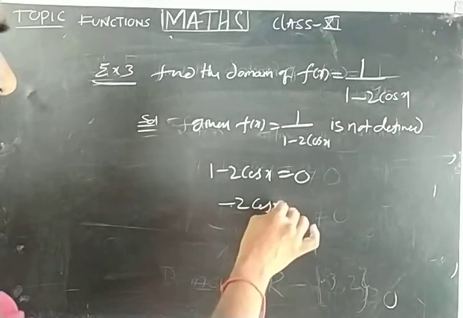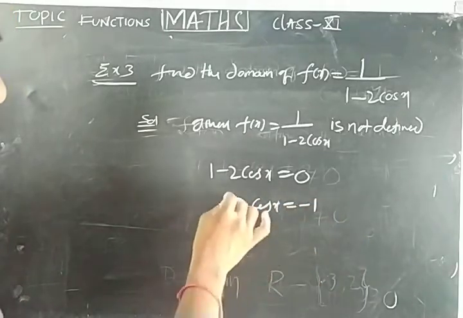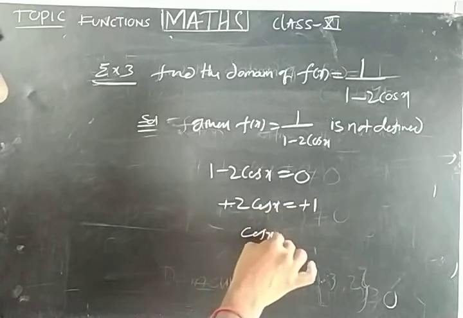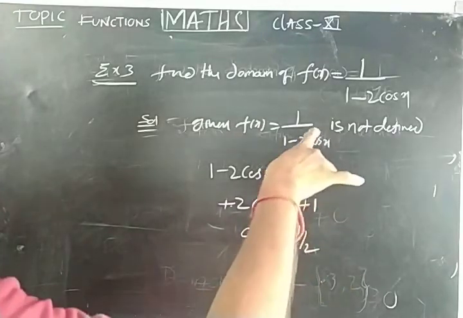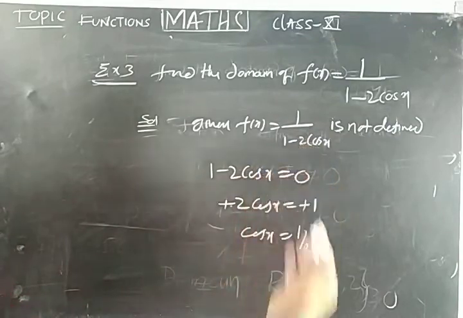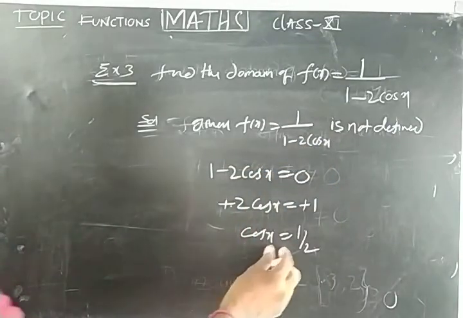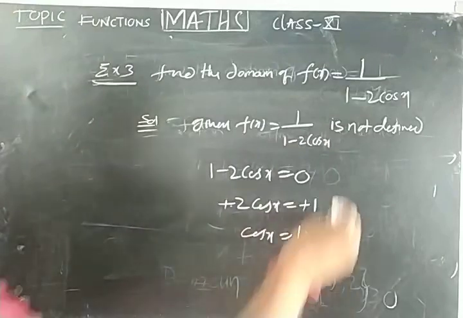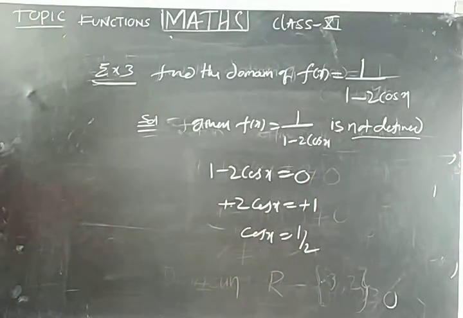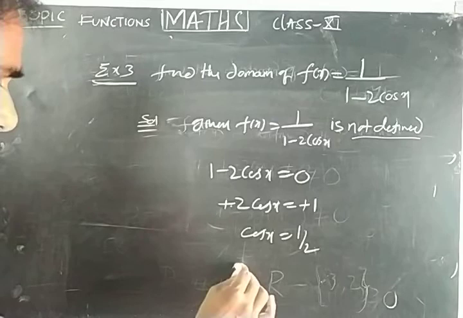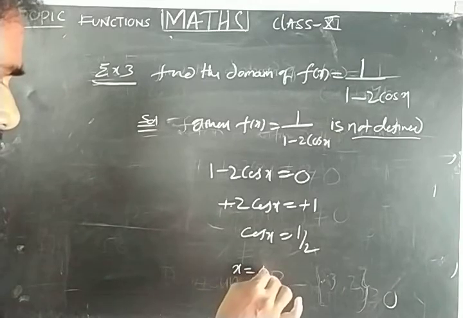Minus 2 cos x is equal to minus 1. Minus minus cancel. Cos x is equal to 1 by 2. If cos x is 1 by 2, then by substituting, the 2 cancels, 1 minus 1 is 0. Then it is not defined. So where will you get cos x equal to 1 by 2? At 60 degrees. Cos 60 is 1 by 2, no? So x should not be pi by 3.